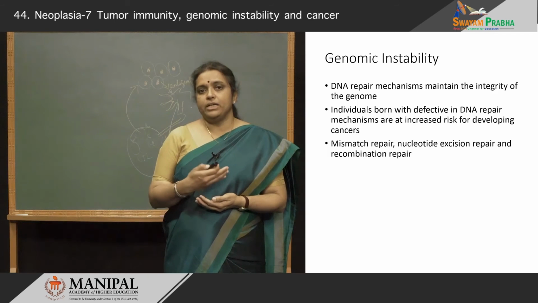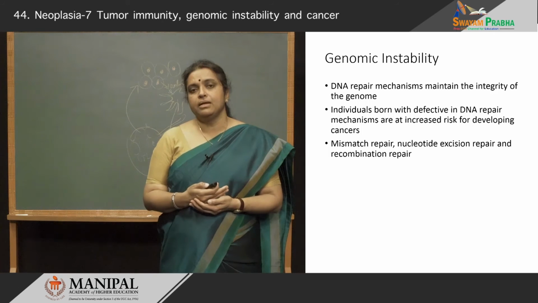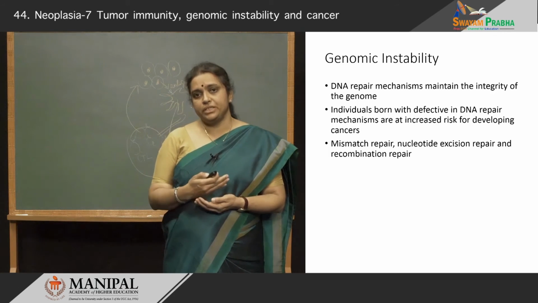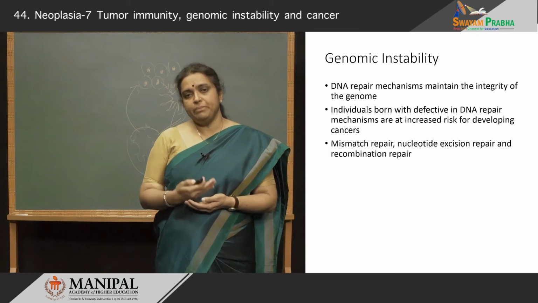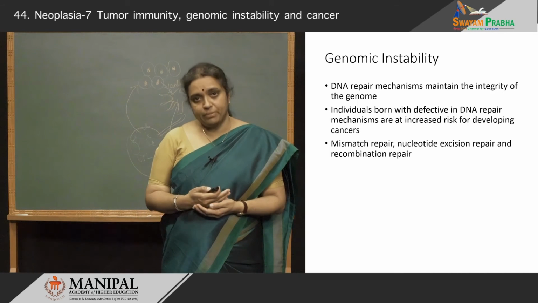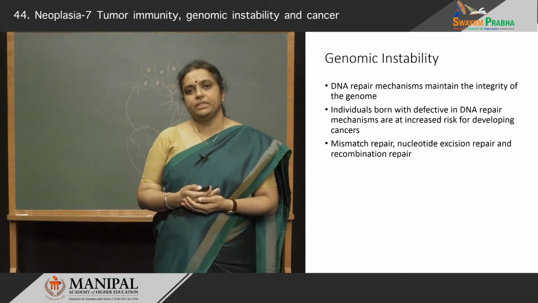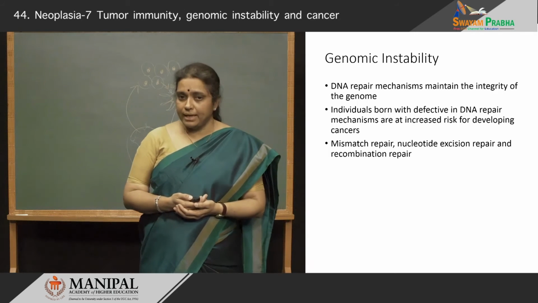The cells in our body are continuously dividing, the DNA is being continuously replicated, and there are bound to be errors when this replication of the DNA occurs. The human body has many mechanisms by which these DNA errors are repaired, and individuals who are born with defective DNA repair mechanisms are at increased risk for developing cancers.